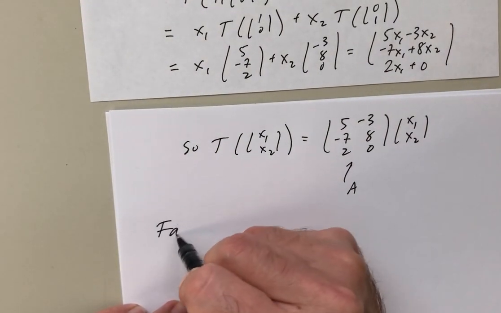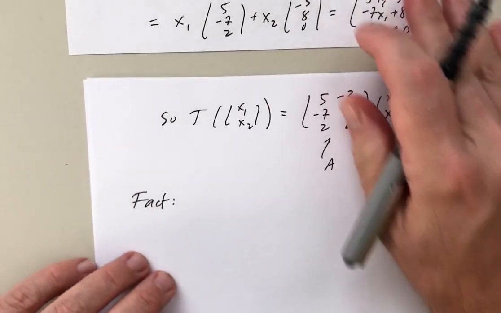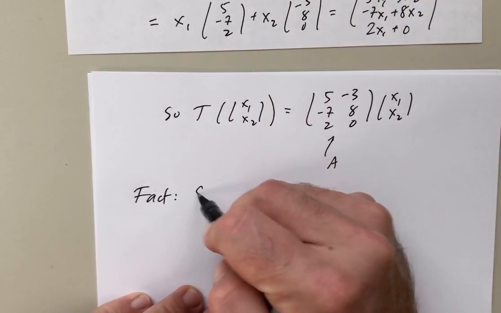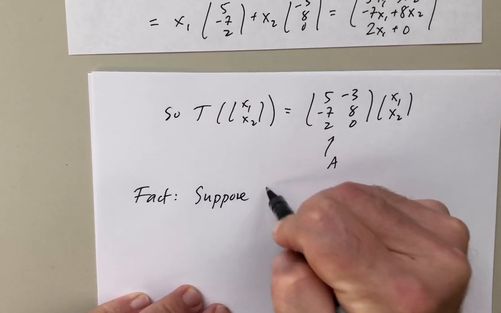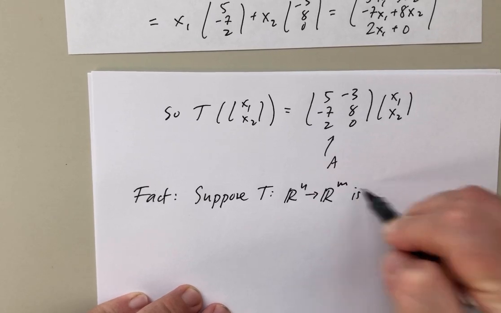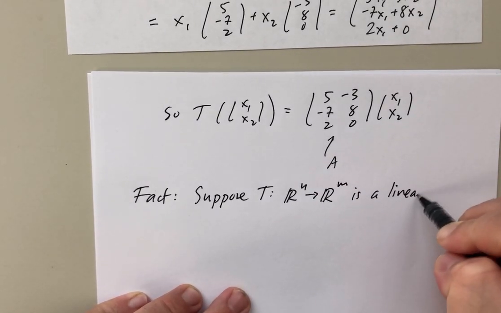So here's the fact that we basically, more or less proved, but I want to write this down in generality. Suppose T from R^n to R^m is a linear transformation. That's important that it's linear, of course.